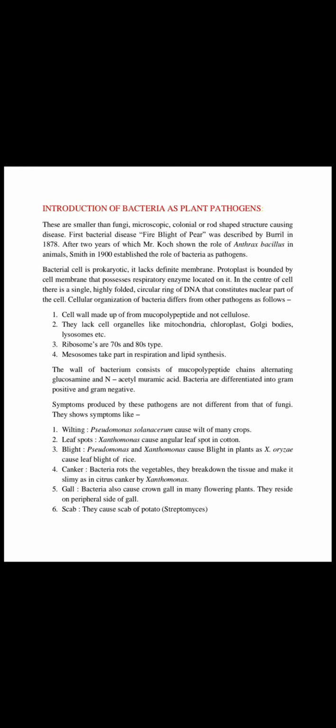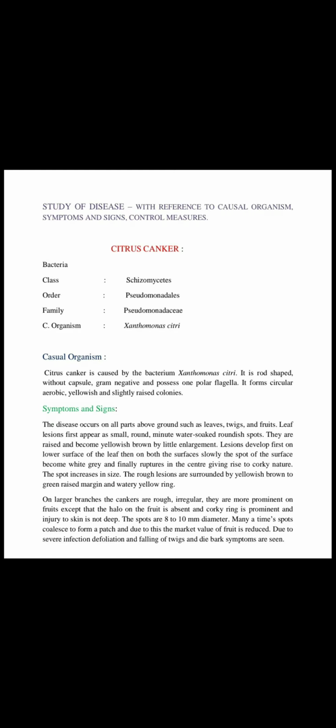Then the next point is the study of disease with reference to causal organism, symptoms and signs and their control measures. Our first disease is citrus canker. This disease is caused by the causal organism Xanthomonas citri.